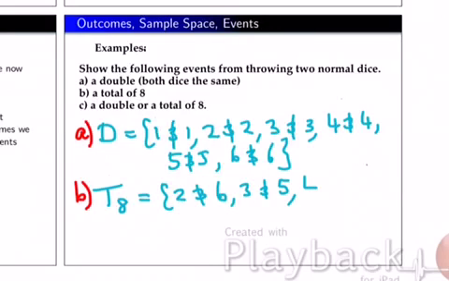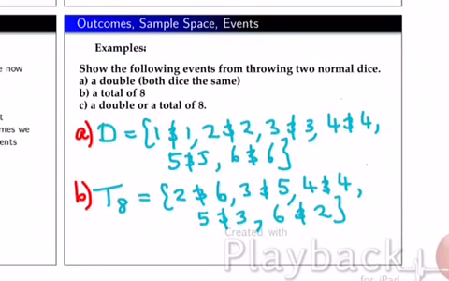I could have a 4 and a 4. Or I can do the reverse, a 5 and a 3. So where my first one is on a 5 this time, my second one's a 3. Or I could have my first one a 6 this time and my second one a 2. So there's 5 different outcomes, all satisfying the event total of 8.